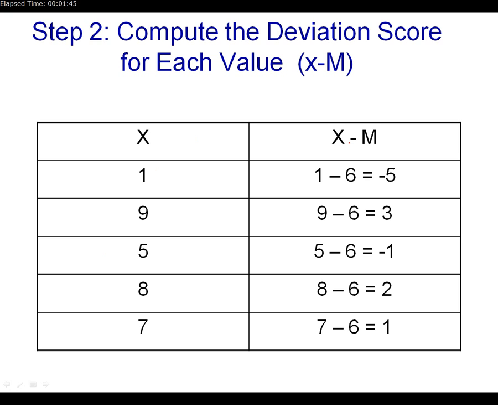It was 6, so we're going to deduct 6 from each of the x scores. So we're going to go ahead and say 1 minus 6 equals minus 5, 9 minus 6 equals 3, 5 minus 6 equals minus 1, 8 minus 6 equals 2, and finally 7 minus 6 equals 1.